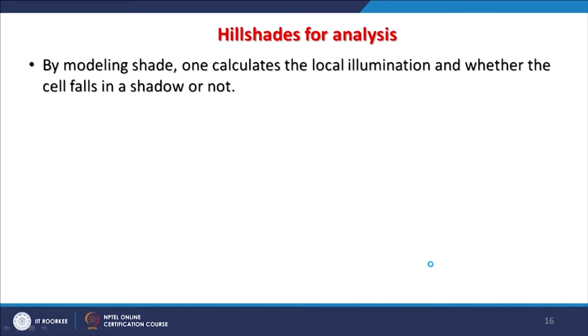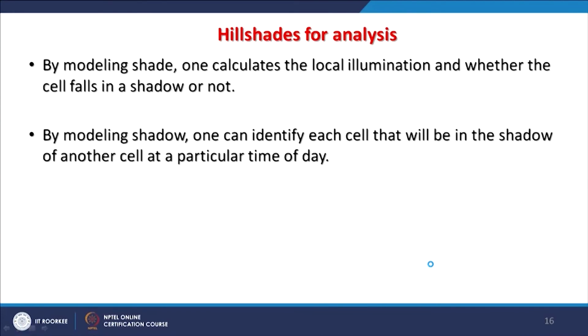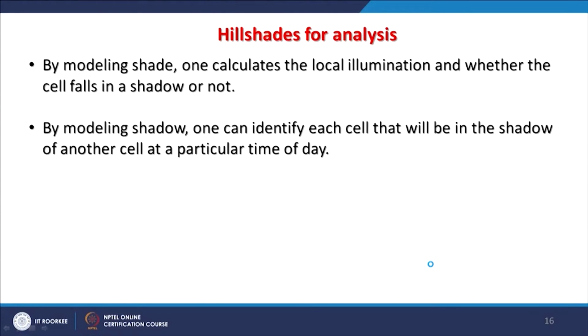Now, when we go for analysis and modeling the shade, one calculates the local illumination and whether the cell falls in the shadow or not. By modeling shadow, one identifies each cell that will be either in shadow or illuminated at a particular time.